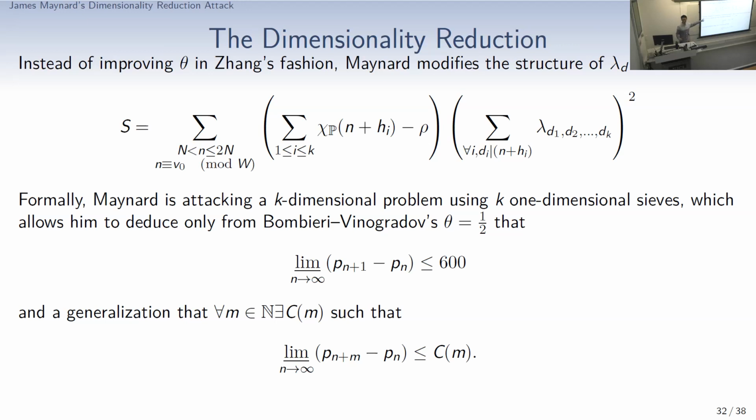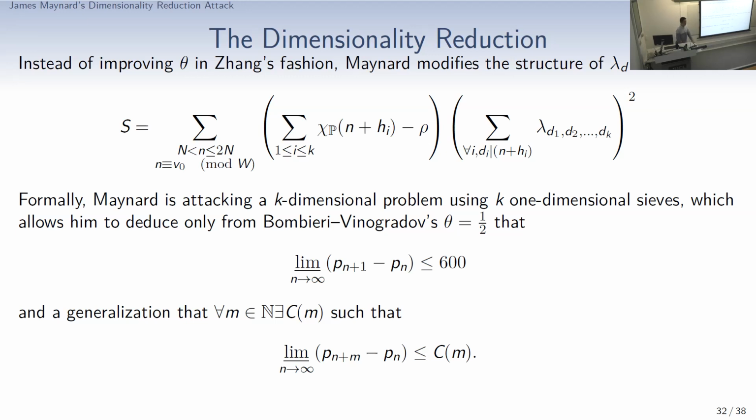However, in James Maynard's situation, he is not increasing the dimension of lambda. He is actually reducing it. How does he reduce it? This problem is a k-dimensional problem. James Maynard is attacking it by splitting it into k one-dimensional problems. So he is applying a k sieve together to deal with this problem.